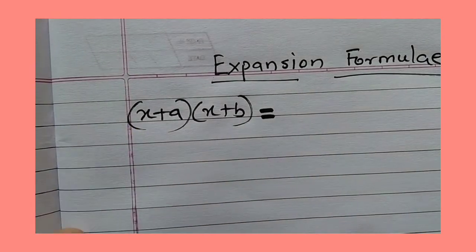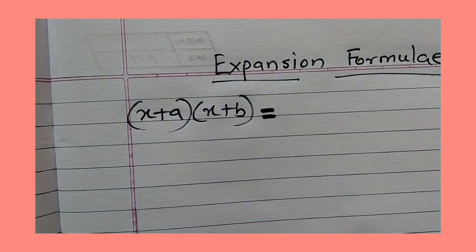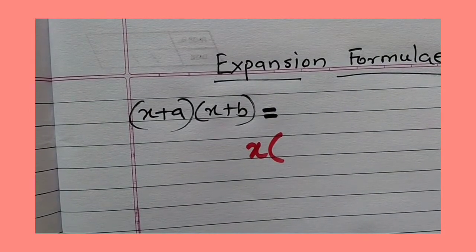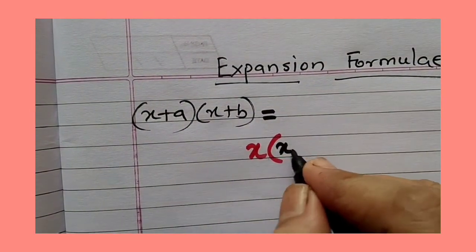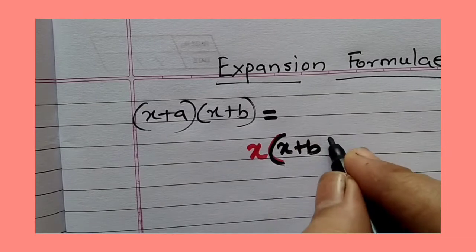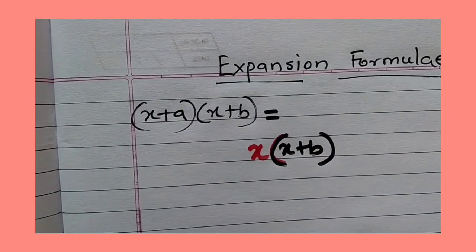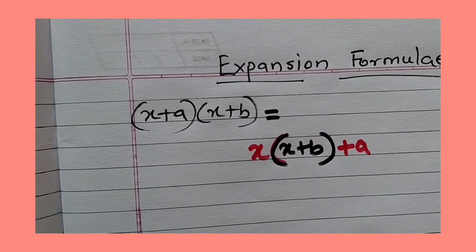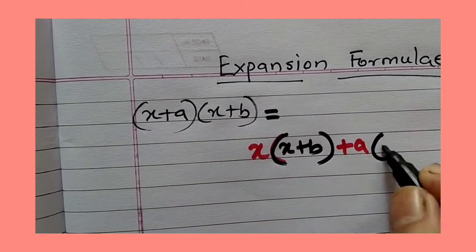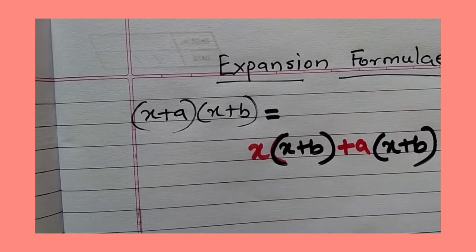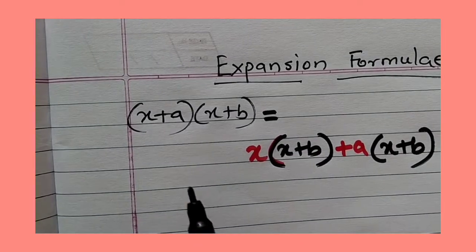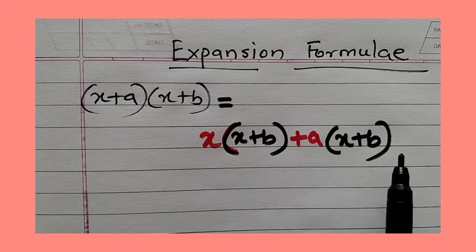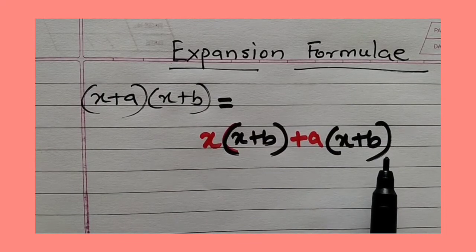Here we are going to multiply this x by x + b. I am using separate colors so that you can see which x I am using. Then plus a, from this bracket, is also going to be multiplied by x + b.